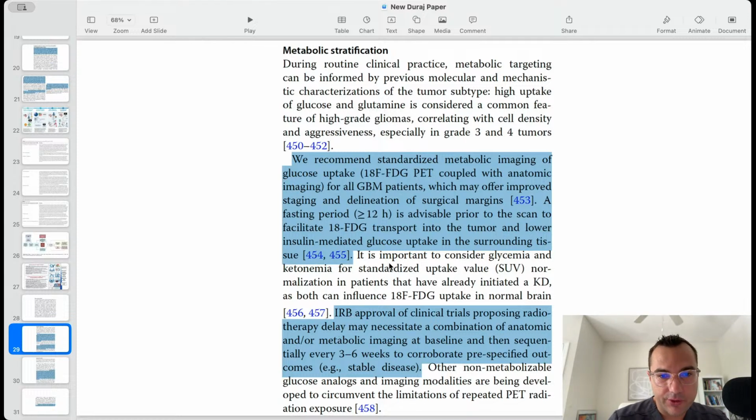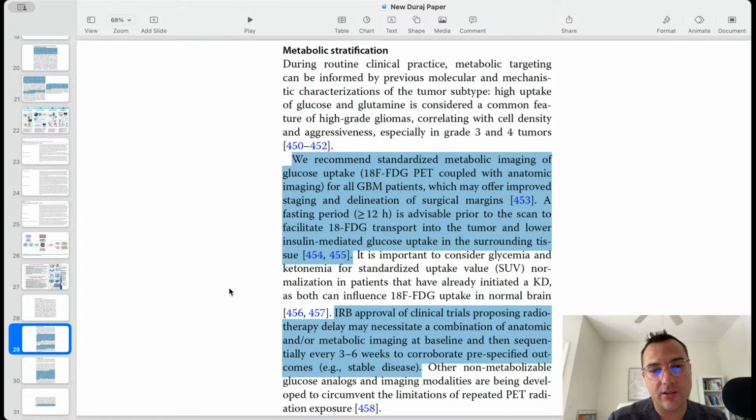Let's see here. Is there anything else I want to mention on this slide? So basically, what he's trying to say here is that they want to use PET scanning as a way to determine how hungry this tumor is for glucose. And I think that's really interesting, to use existing technology in a way that allows us to know, is this tumor really hungry for glucose?